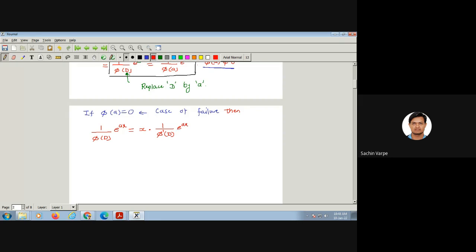But in phi dash of d we will use the rule. What is the rule? Replace d by a. So what we will get here then? Phi dash at a e to the power ax, provided that this phi dash of a must be non-zero.